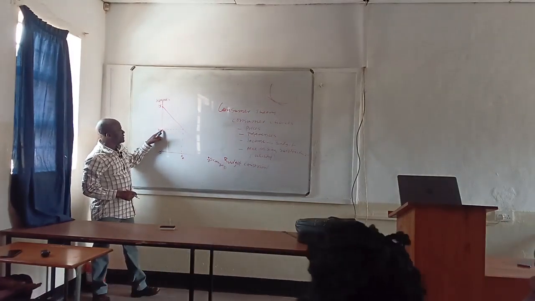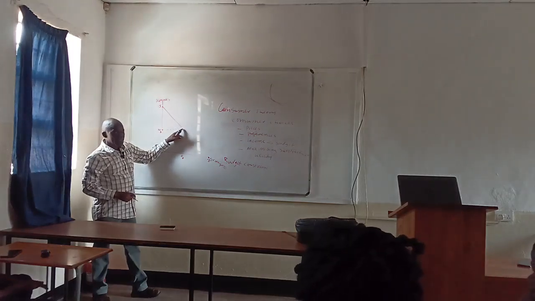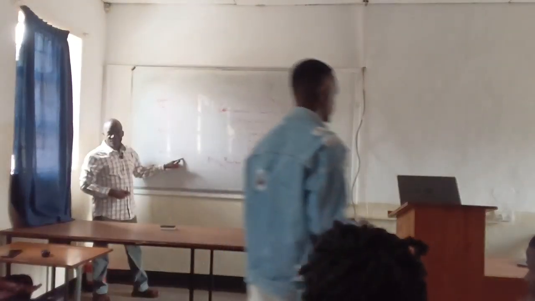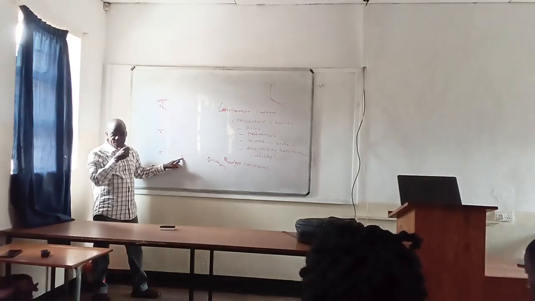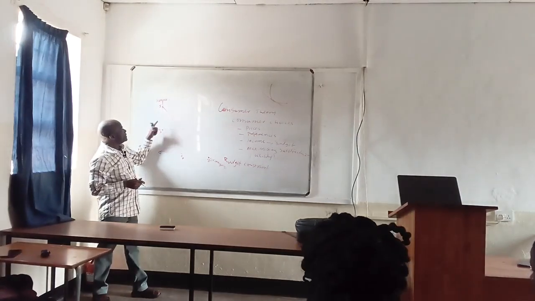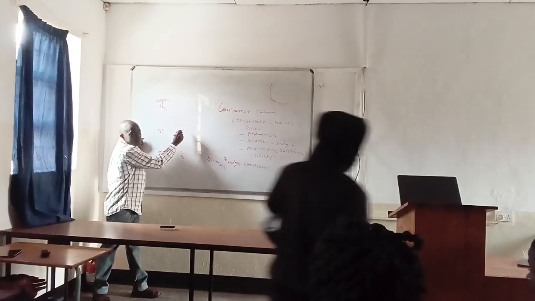This combination, if you are here, you can as well buy this much oranges. Because when you are here, you are not touching this budget line. So you have to find it.